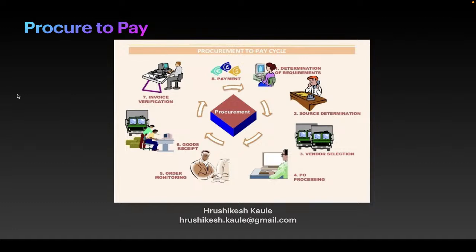Now, when it is approved, the purchaser will see, okay, there is one PR which is approved, and I need to process this PR for purchasing. So while purchasing, the first step will be source determination, like finding the vendor who will provide within time, at the best price, with the best terms, all conditions best with that vendor.